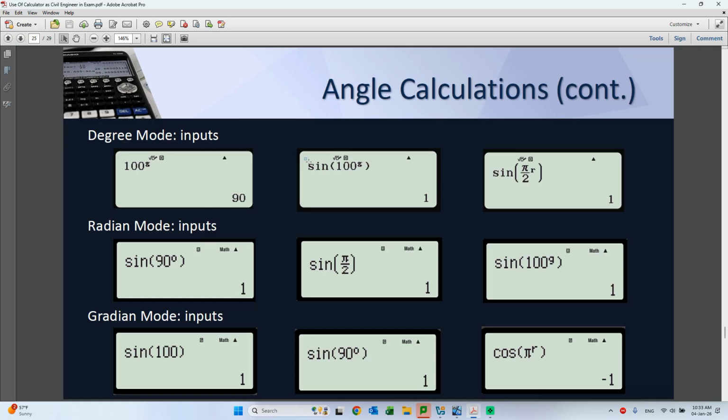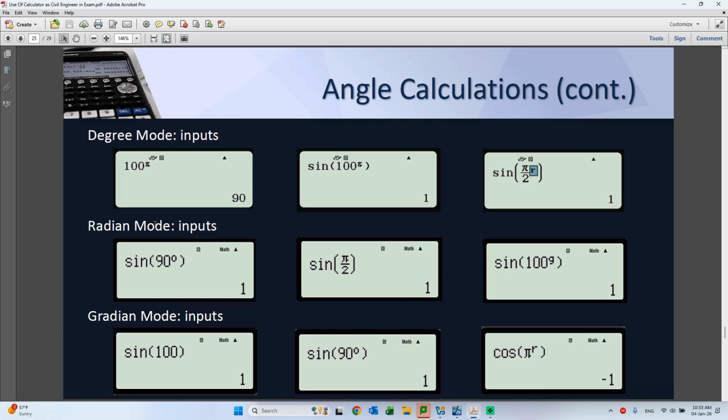I can even write sine 100G. I'm still in the degree mode, but if I want to write any other angle, I need to use its symbol. I can write sine pi over 2, but I need to add this symbol here. I'm telling the calculator, even though I'm in degree mode, this is a radian angle, so please take care of it.